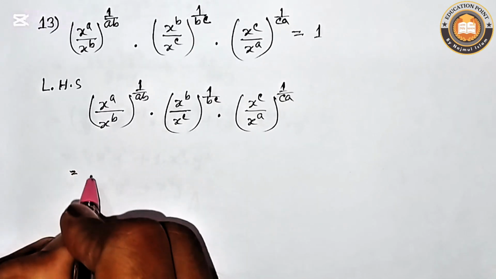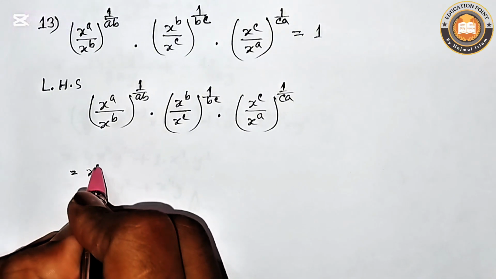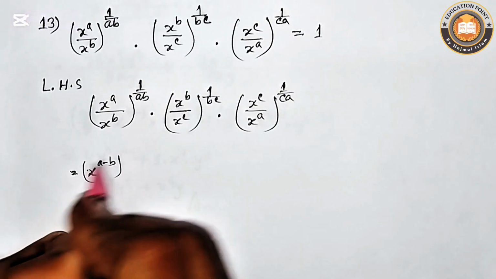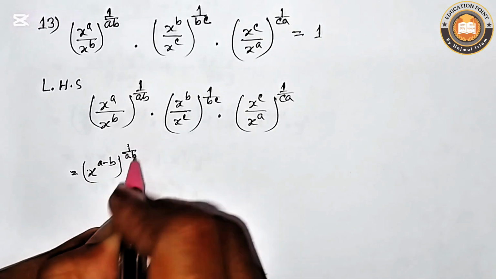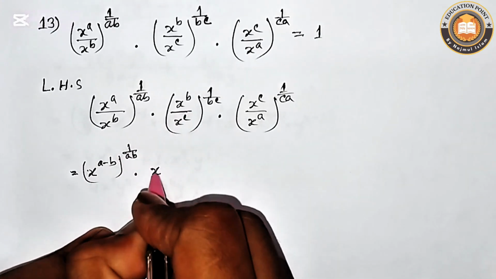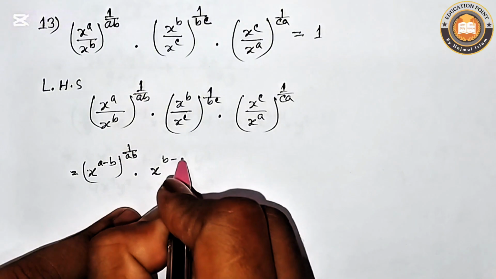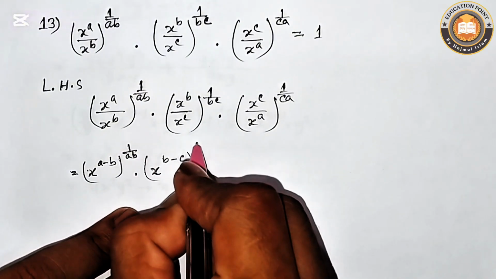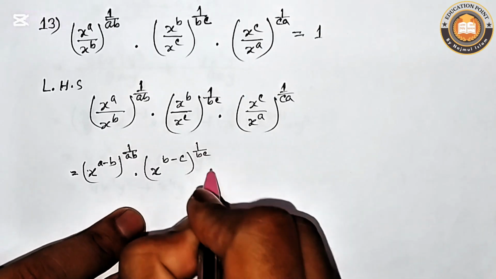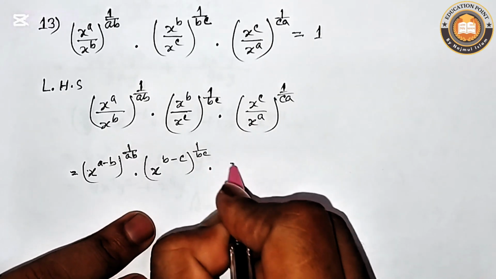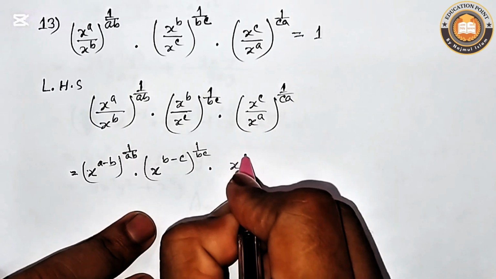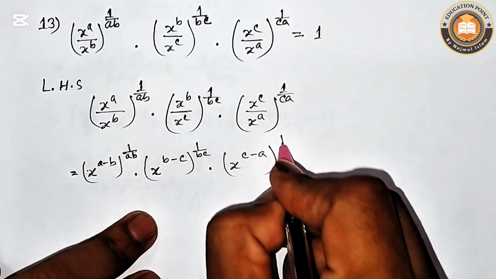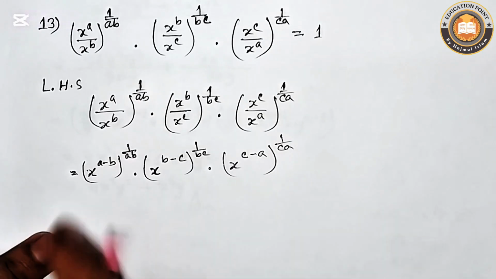Here similar base x, so we can write (x^(a−b)) whole power 1 by ab into, similar base x, their power will be subtracted, (b−c) into 1 by bc into, similar base x, their power subtracted, (c−a), whole power 1 by ca.